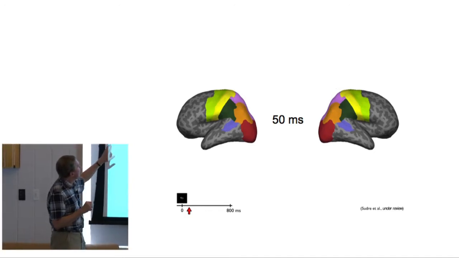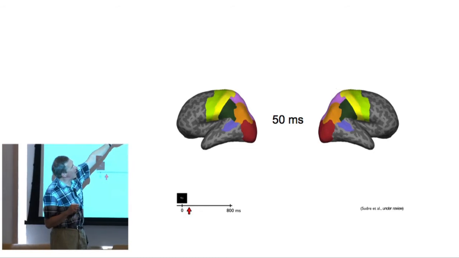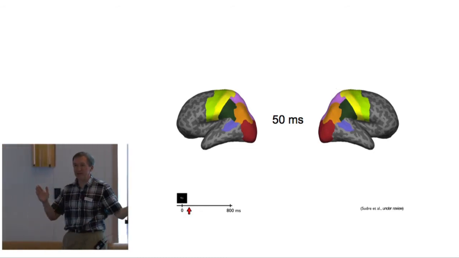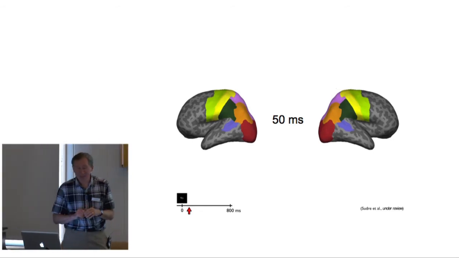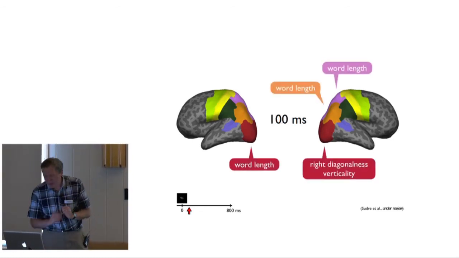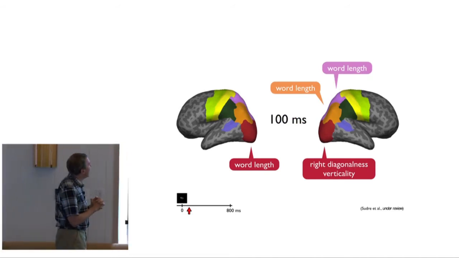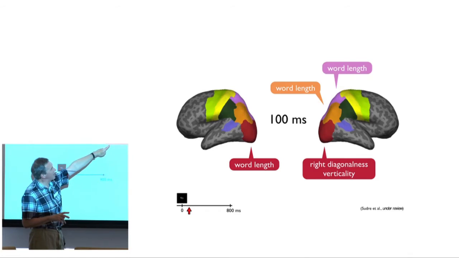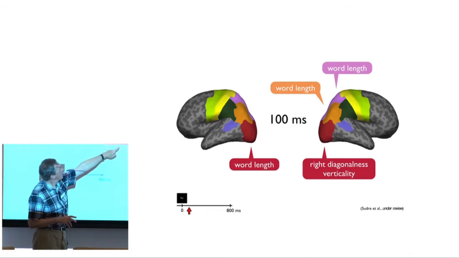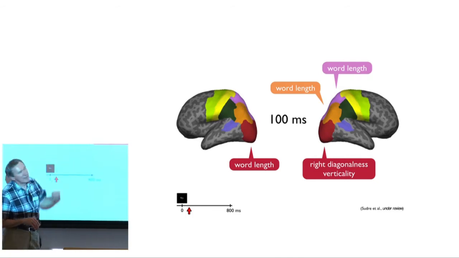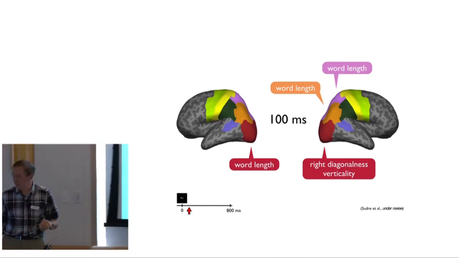And so what I'm going to show you is what features are decoded when and where in each of these regions during that 500 milliseconds. So at 50 milliseconds, the answer is none of them. And at 100 milliseconds, these are the features. So in occipital, the program can decode word length, right diagonalis, verticality, and in a couple other regions as well.